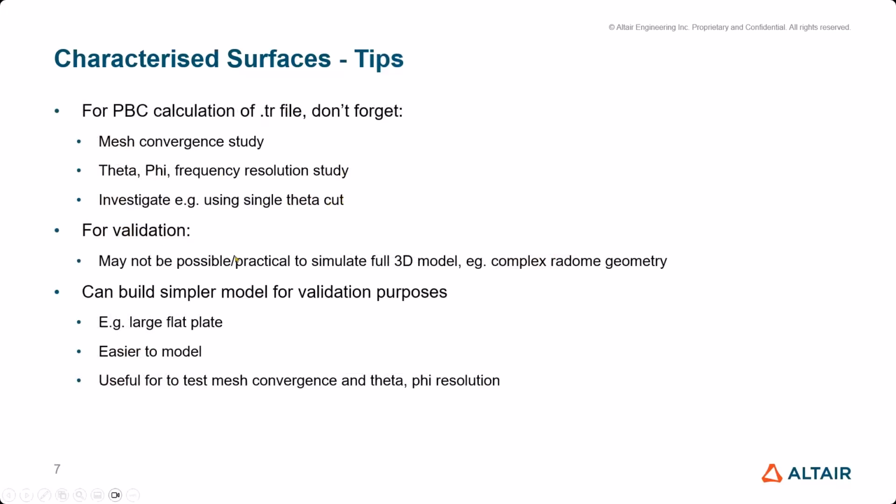For validation, if you have really large structures, you will not always be able to compare with the reference full wave model without the characterized surfaces. So then it may make sense to have a reduced model and then compare.